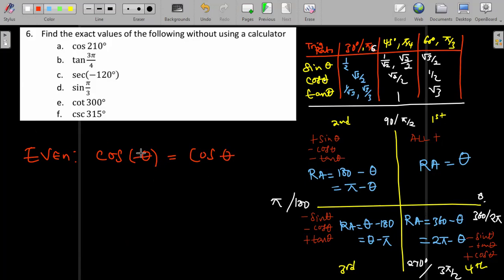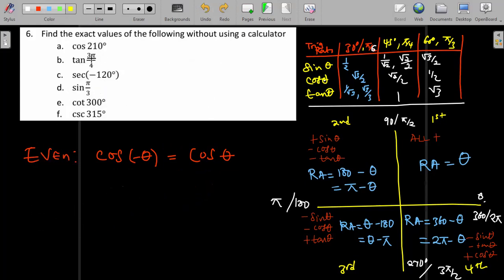Remember, when we're learning even and odd functions, we say the function is even if f of x is equal to f of minus x. This is the situation that we see with the cos. The cosine of a negative angle will be the same as the cosine of a positive angle.